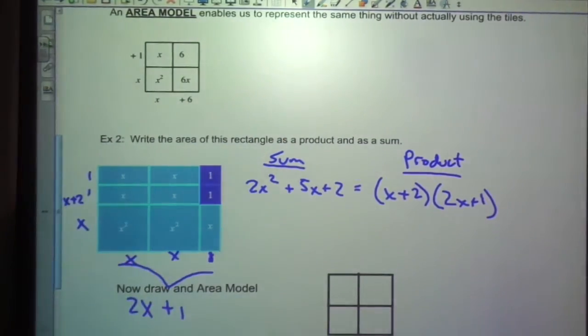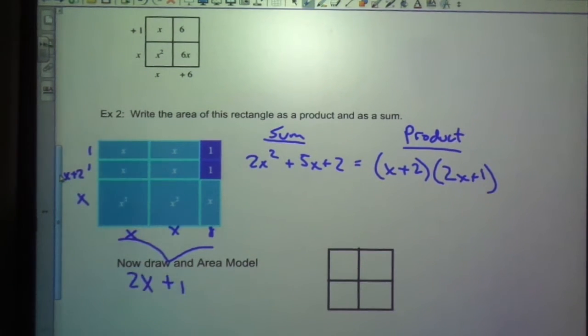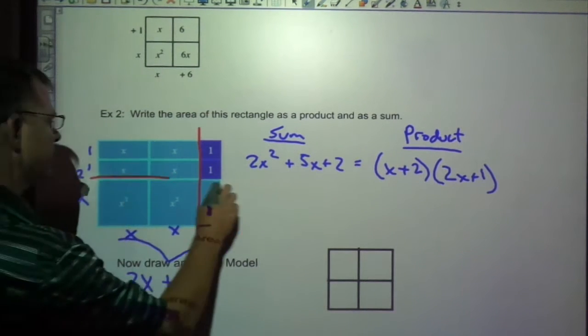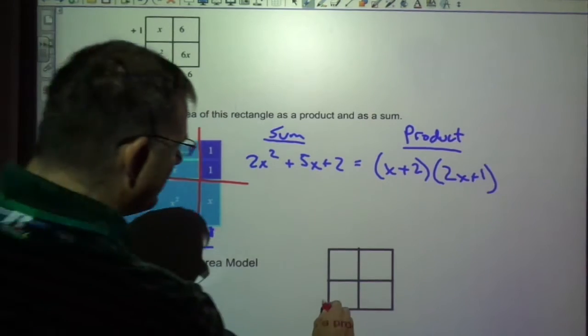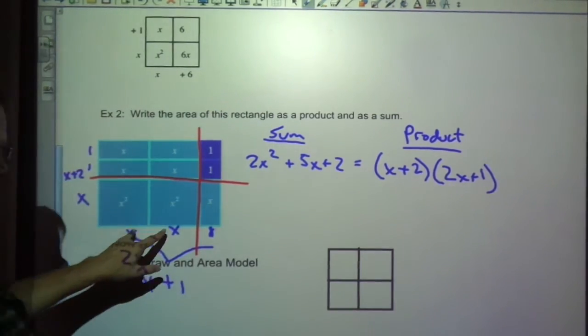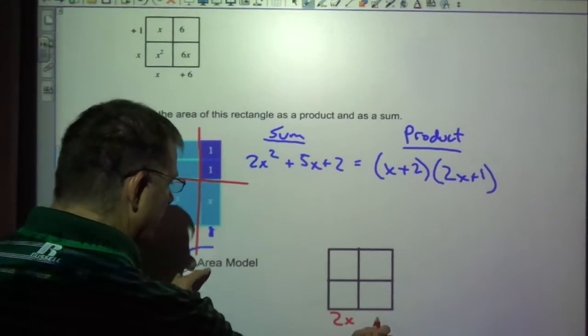Now let's see if we can make an area model from this. If I do my sections, and it doesn't really matter where you put your sections, I just like to group things that are similar, I'll do 4 sections. Let's do it this way. Actually, let me do the outside first. Here's 2 x's, and here's a 1.